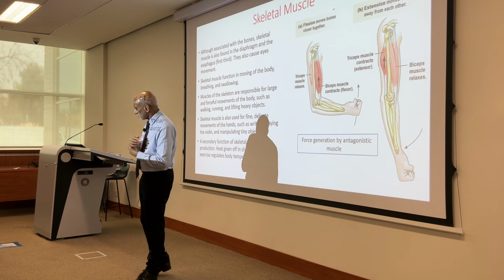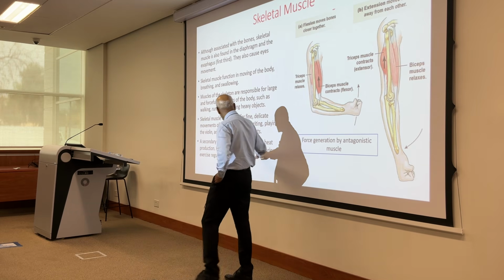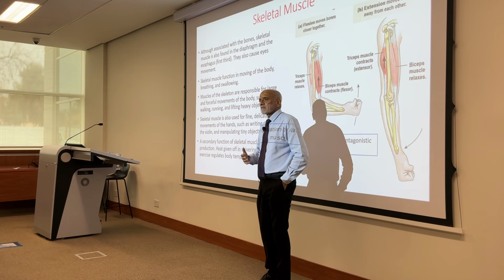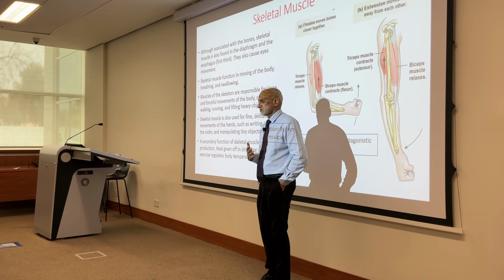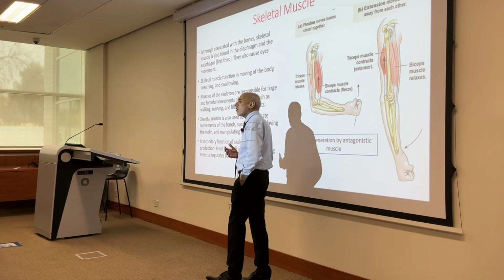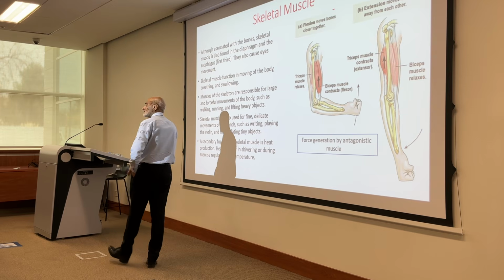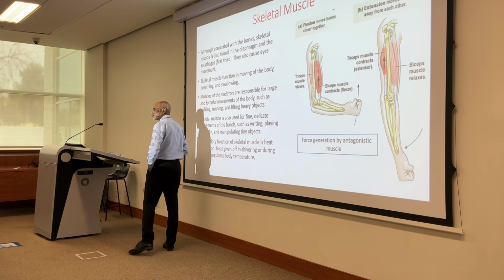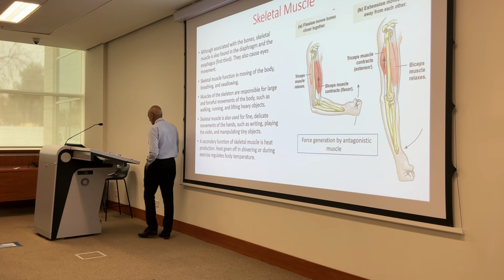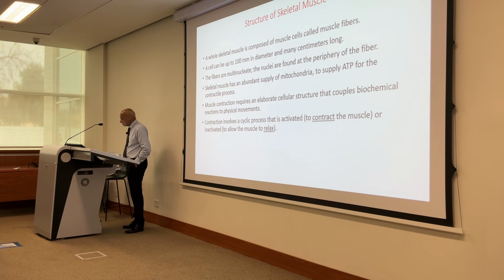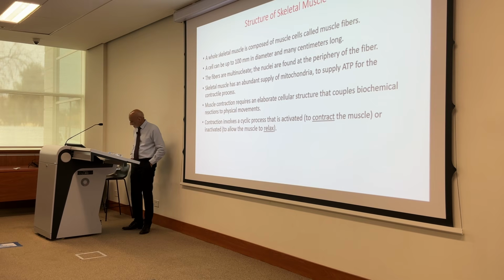The rest of it is lost as heat. So when skeletal muscle contracts, it generates heat. So another function of the muscle is to maintain our body temperature, okay? So we are homeotherms, we need to be kept warm, and shivering and contraction of the muscle will generate that heat we require.